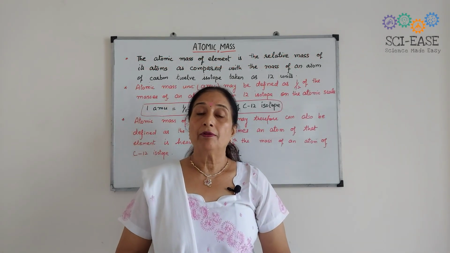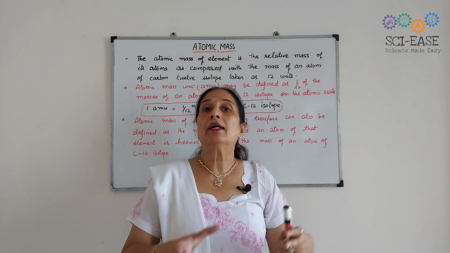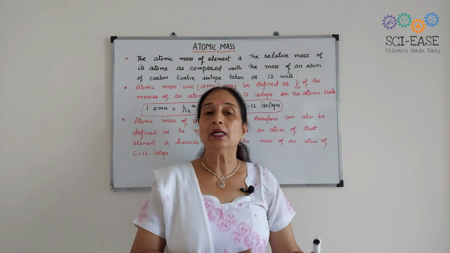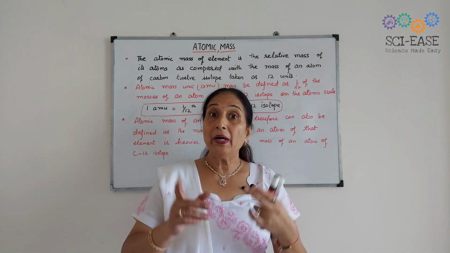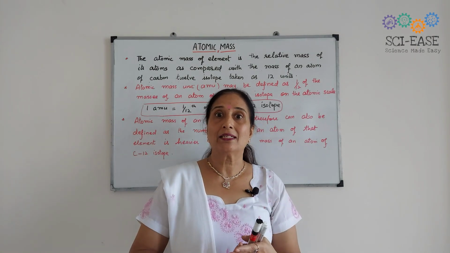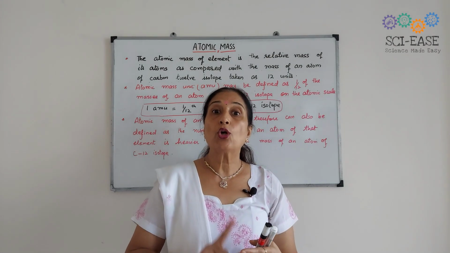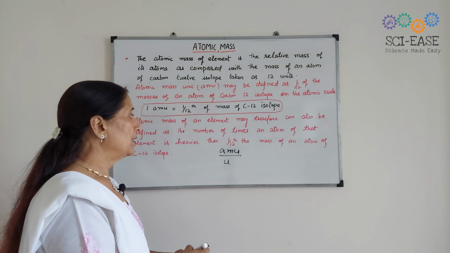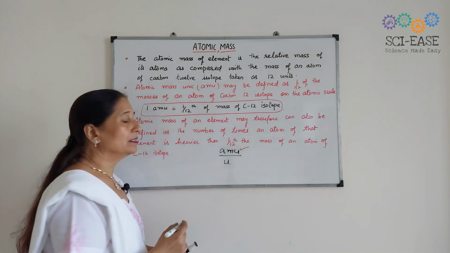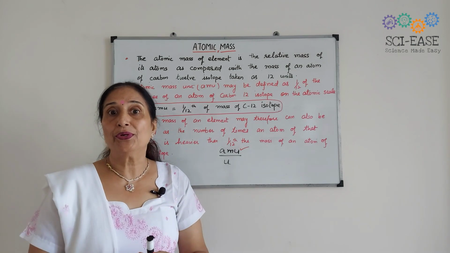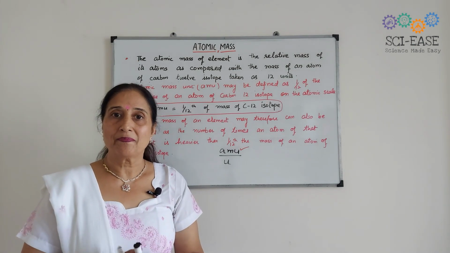The mass of vegetables or fruits is in kilograms or grams. But the mass of an atom of an element is measured in atomic mass unit. So this is the atomic mass unit, the unit for atomic mass.